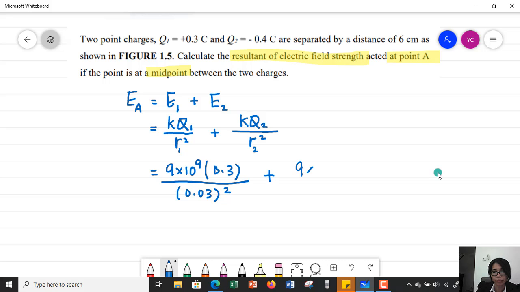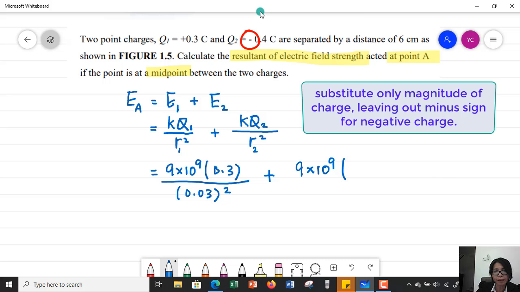Then K, 9 times 10 to the power of 9. Q2 is 0.4 coulomb. But bear in mind, we leave out the negative sign, we just put in the magnitude of the charge. So the magnitude of the charge is 0.4 over R, which will be 0.03 squared.